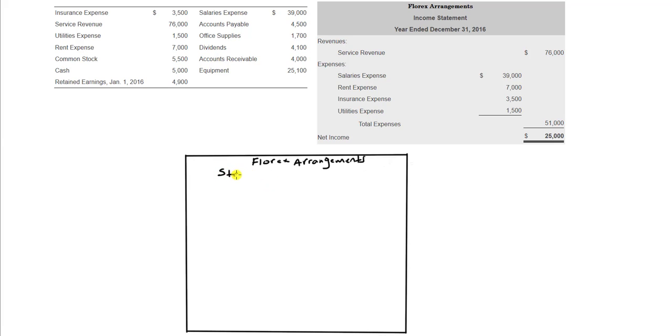This is a statement of retained earnings. Okay, the third line of your title, what period are you referring to for this statement of retained earnings? Well, we're talking about the year 2016. So year ended December 31st.